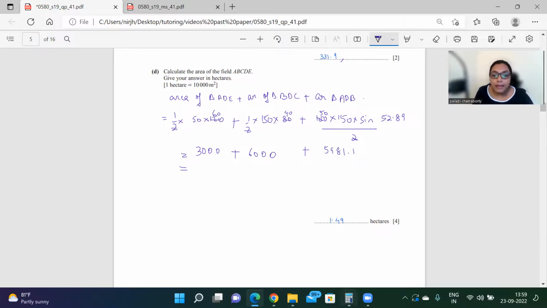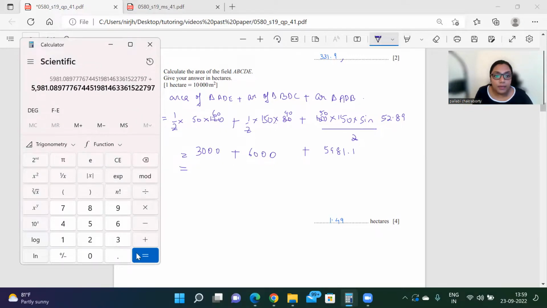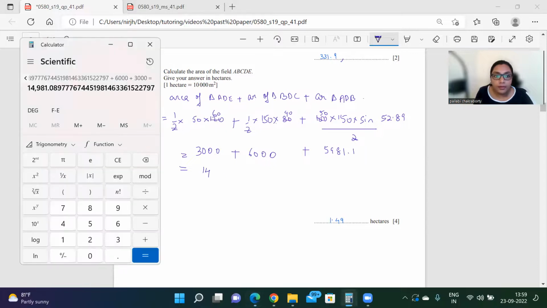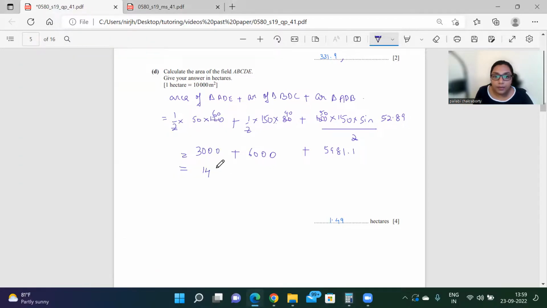And let me add these. So I have this plus 6,000 plus 3,000. This becomes my area, 14981.08 or 0.1. You can round it off as well.